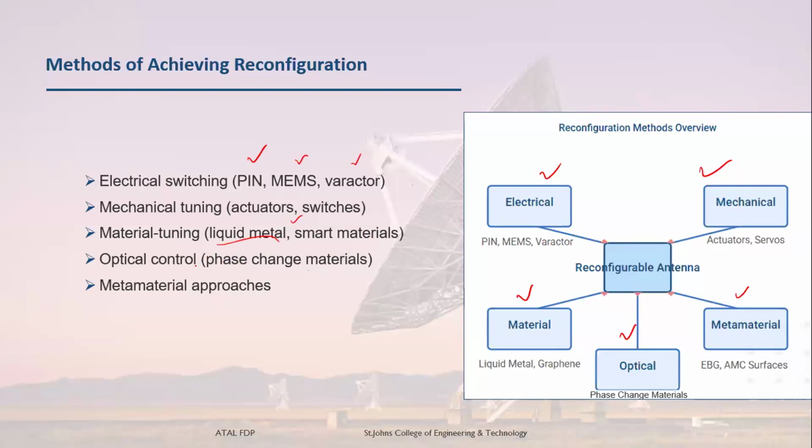By focusing light on some materials, it is possible to change the phase. Please understand, especially for beam steering, phase comes into the picture. Those who have taught antenna and wave propagation, those who have taught EMTL, might know about these things. Phase plays an important role.